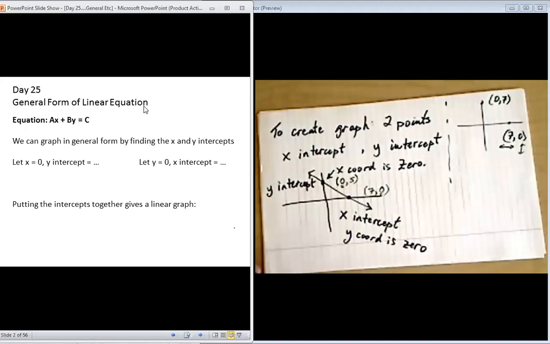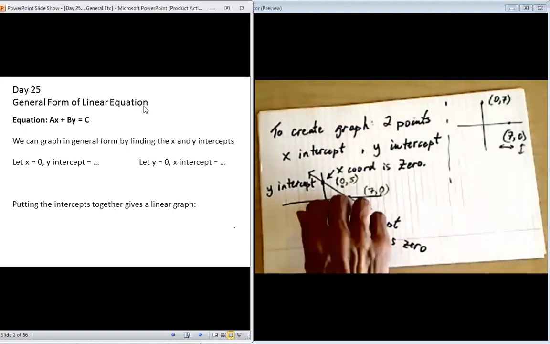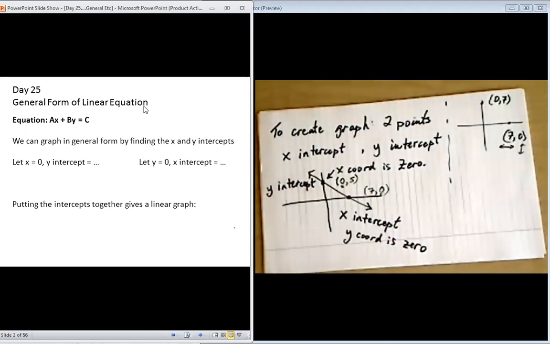Okay. All right. Now, this is useful because with this general form of equation, we can just put in zeros. It's very easy to find 2 points.